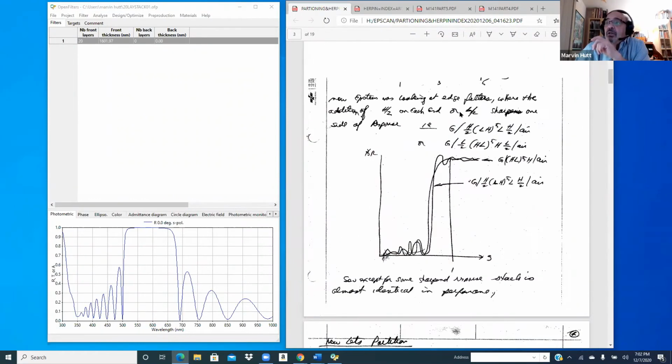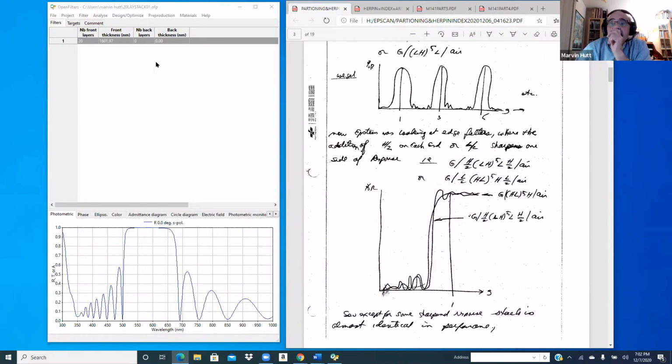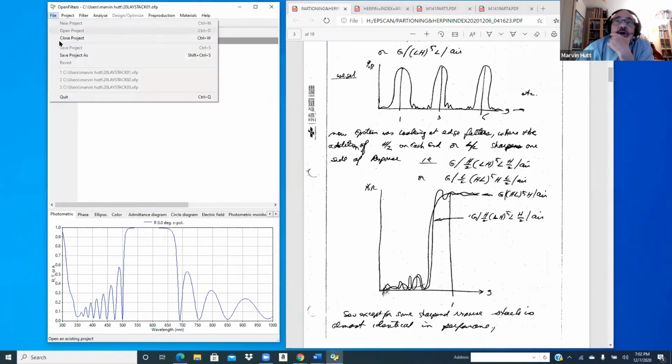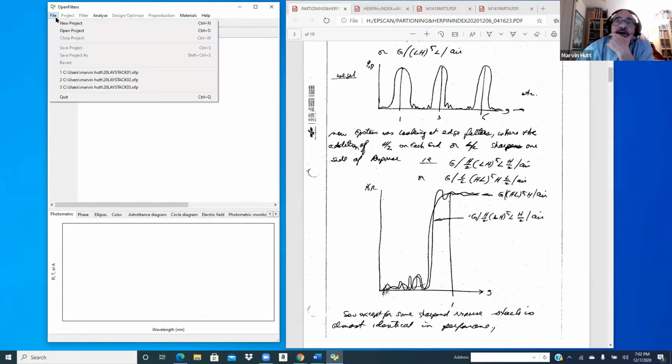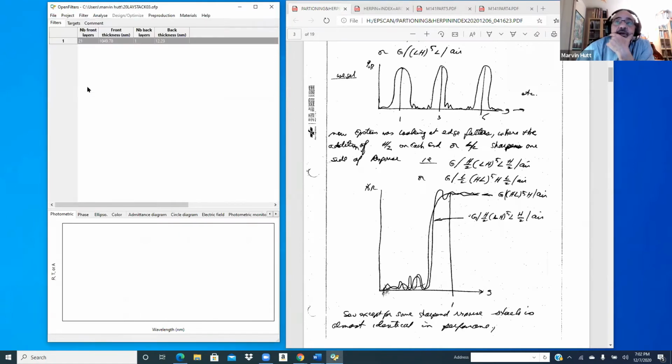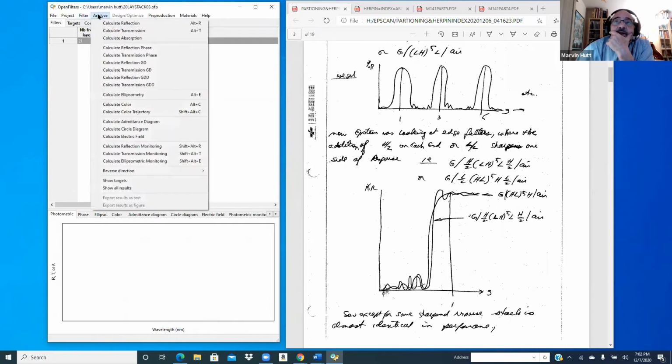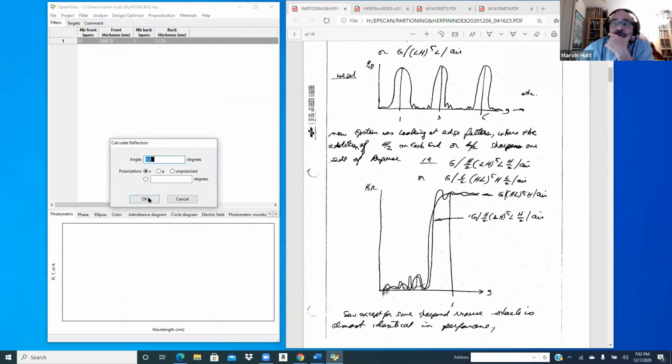Let's look here at this, which is almost a quarter wave stack. Let's look at the modified lambda quarter wave stack. Okay, so file, close the project, and file number 3, 21 layers, and analyze, calculate the reflectance.